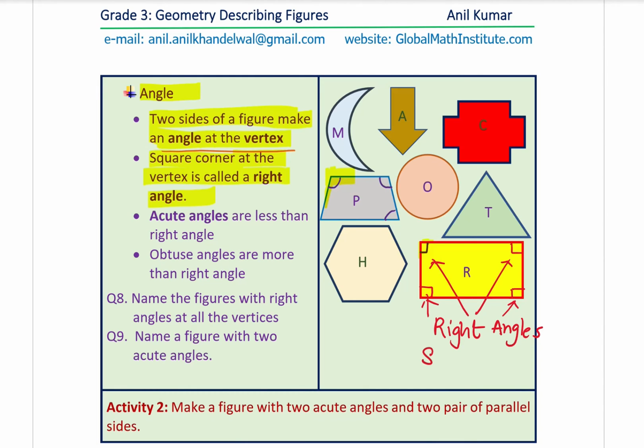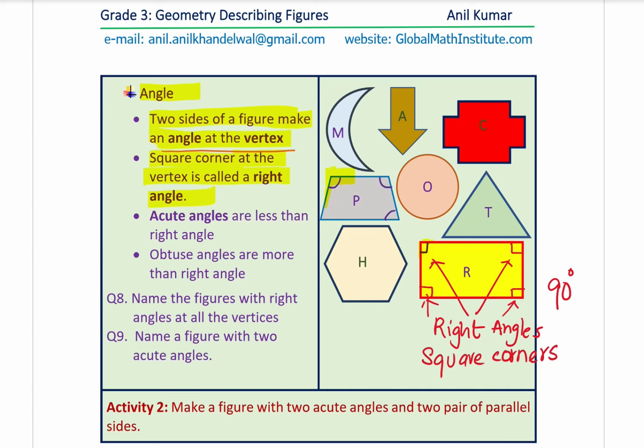So we call them square corners. So square corners are the right angles. Is that okay? You will learn soon that this angle measures 90 degrees. We will talk about it later. For now, just call them right angles.